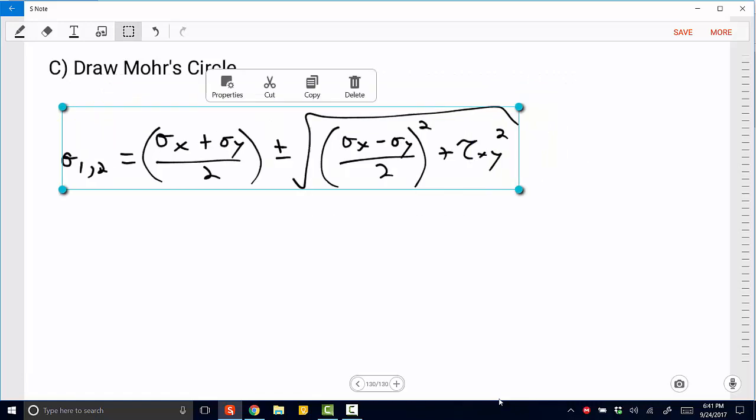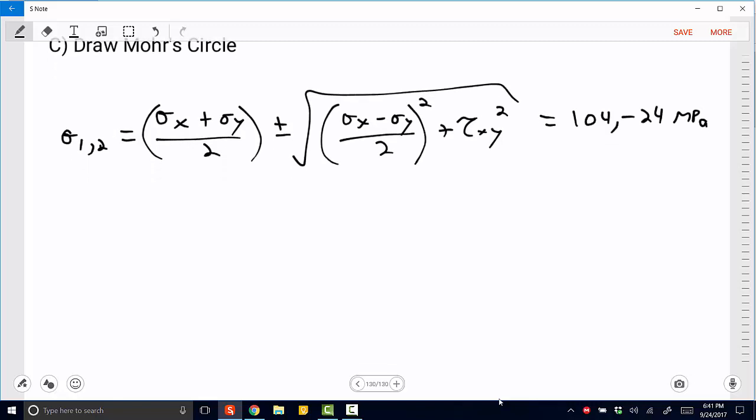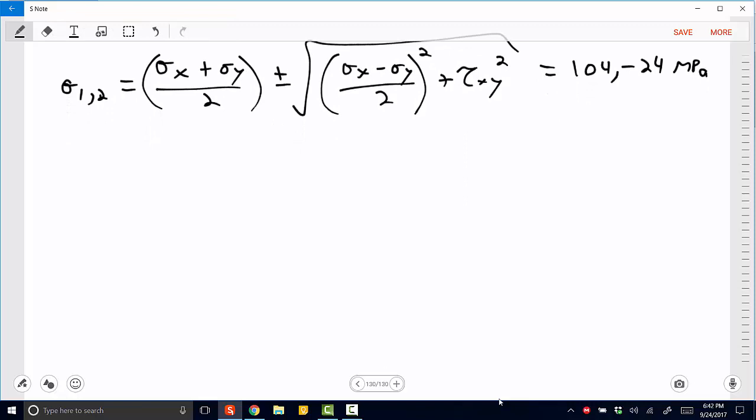So if we take the original state of stress and plug it in there, we can find sigma 1 and sigma 2 as 104 and negative 24 megapascal, approximately. Okay, and then let's find our other two terms, tau 1 and tau 2, which are simply this second component. So those are equal to 64 and negative 64 megapascal.